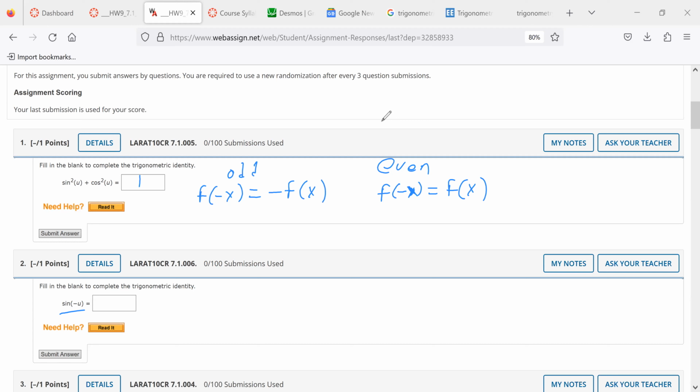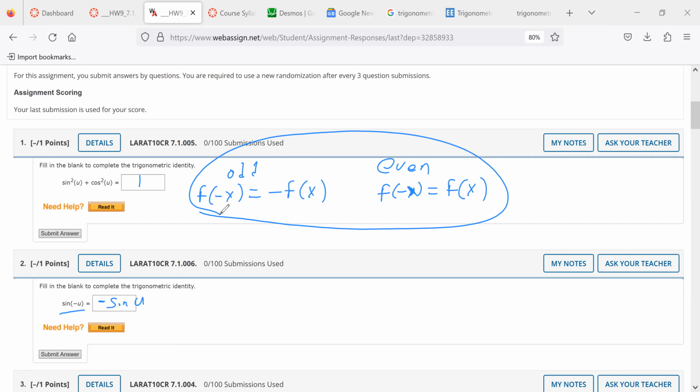Even and odd. Sine is, most of them are odd except cosine and 1 over secant. So this would be equal to negative sine u. It's just the identities from the sheet that I gave. These are definitions from college algebra.